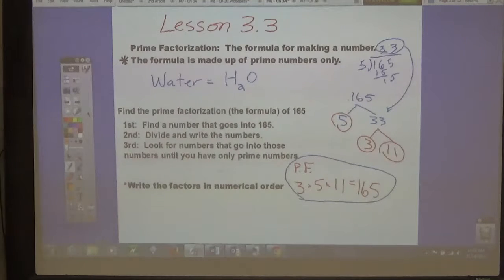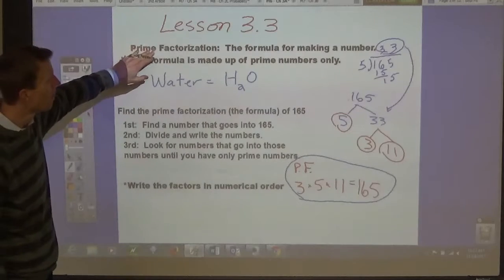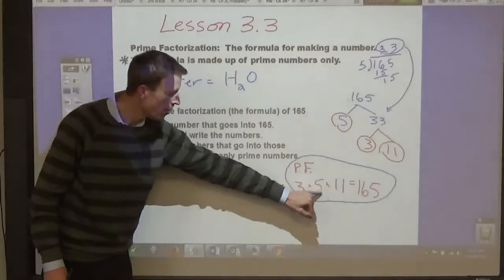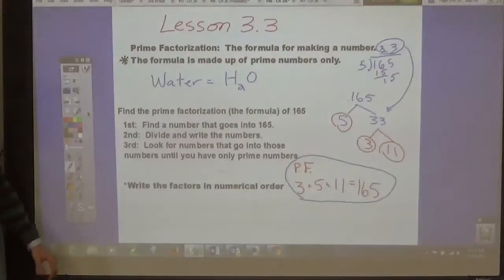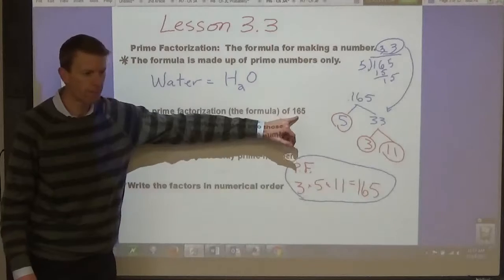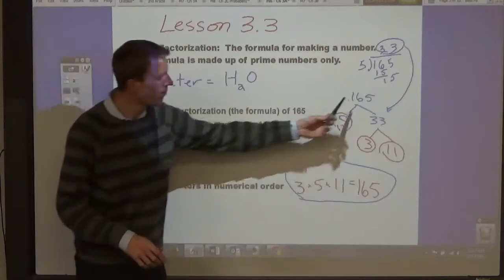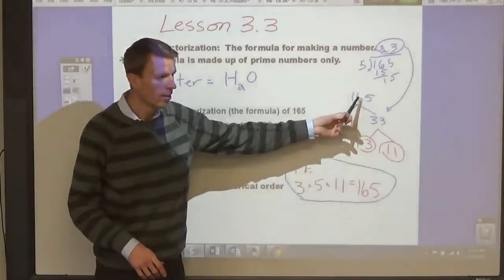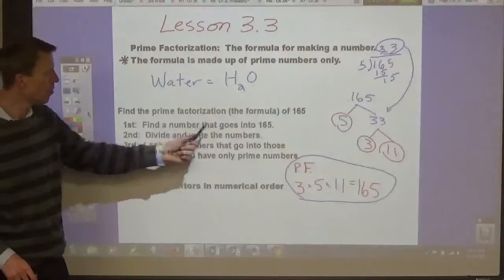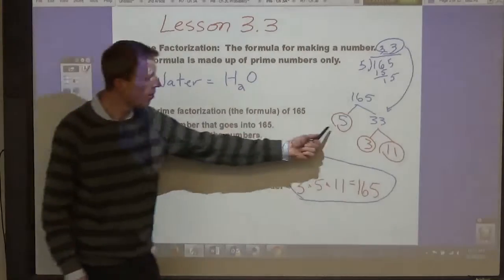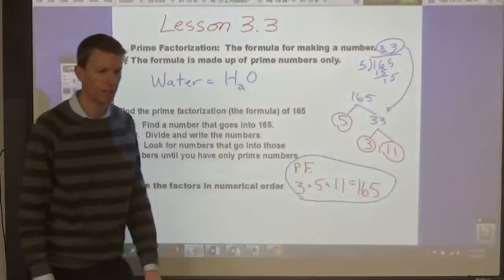Then we went on to lesson 3.3, which talked about prime factorization. That's kind of like writing the formula for a number using only prime numbers. If you're given a number like 165, you can find the formula by doing something called a factor tree. Find a number that goes into the given number, then divide and write the two numbers that make this number.